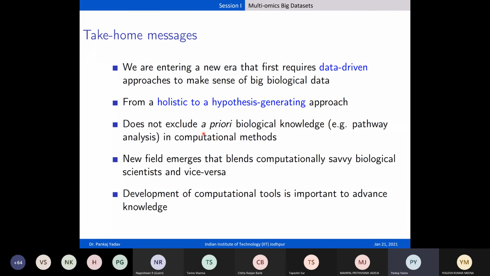We also should not exclude prior biological knowledge in computational methods, so it is important to include such knowledge before we develop these methods. A new field is emerging that blends computationally savvy biological scientists and vice versa, and we need to keep pace with the techniques. Developing new computational tools is important, because to advance our knowledge, such tools are really needed.